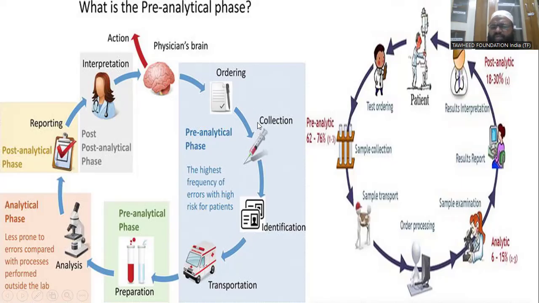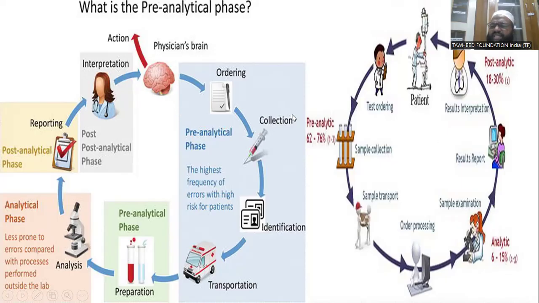Then the sample is collected, identified by labeling, and sent by a transportation method to the main laboratory. Here they prepare and analyze the sample. This is the analytical phase, and after that they report the results. Then interpretation goes back to the physician. This is how a laboratory management system works.